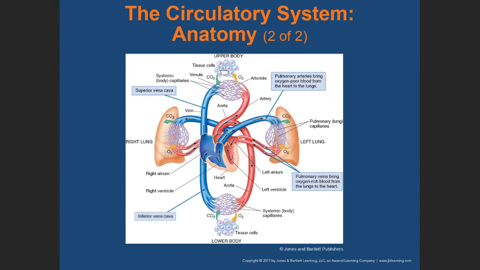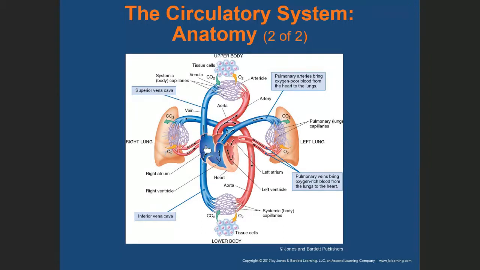Right, so deoxygenated blood from the upper portion of the body and the lower portion of the body will travel via the superior and inferior vena cava, and that blood will flow into the right atrium.